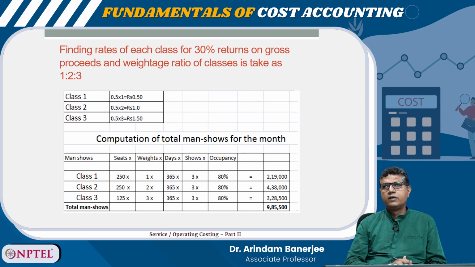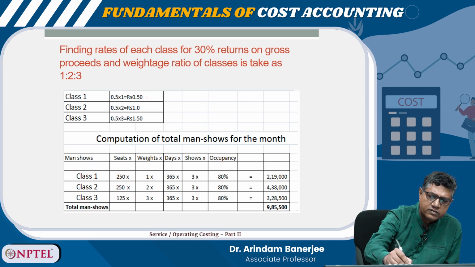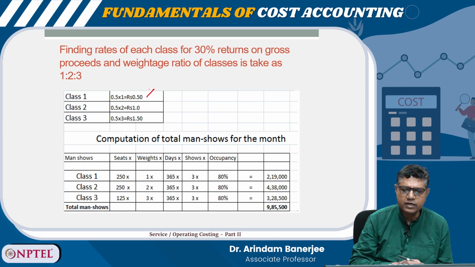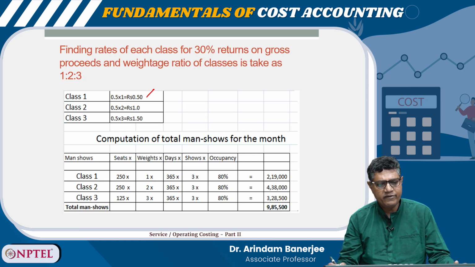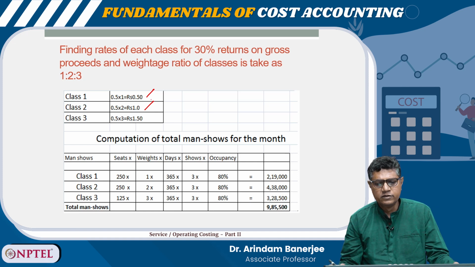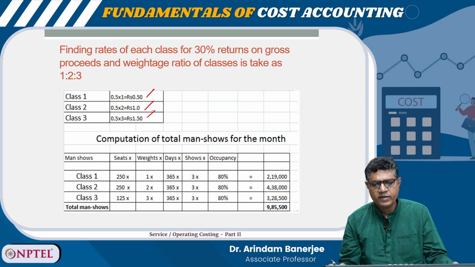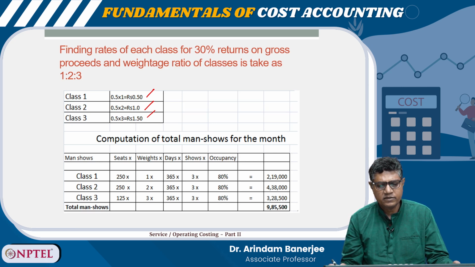Okay. Now, if I have to compute the total man show for the month, how can we do that? So 0.5 into 1, right? For class 1 it is 0.5, class 2 is 0.5 into 2, it is 1, and class 3 is 0.5 into 3, that is 1.50.